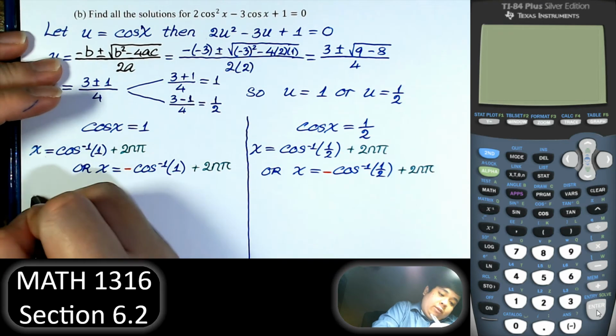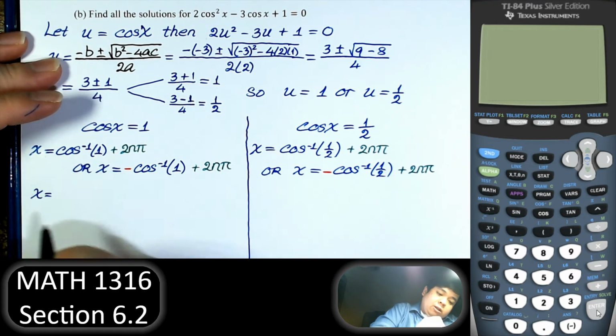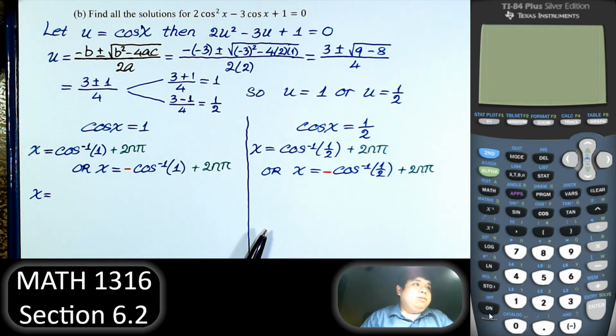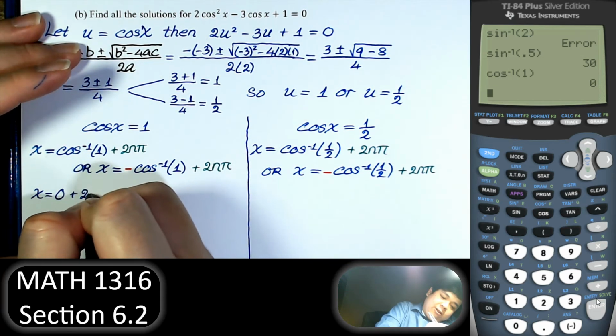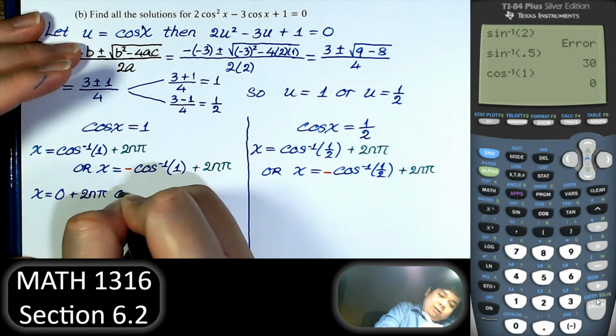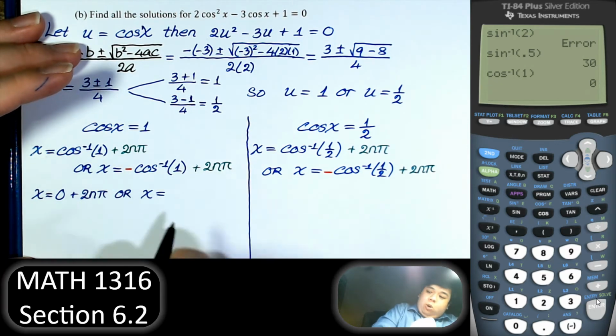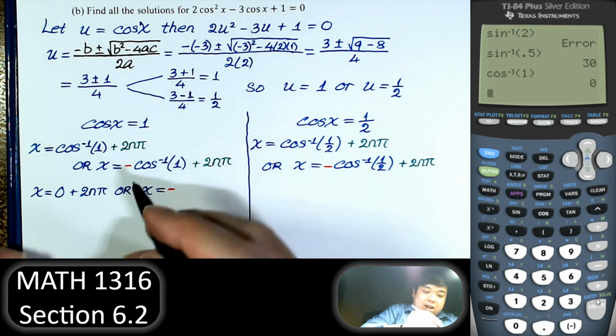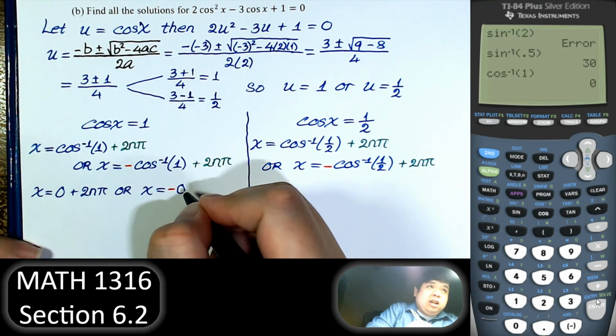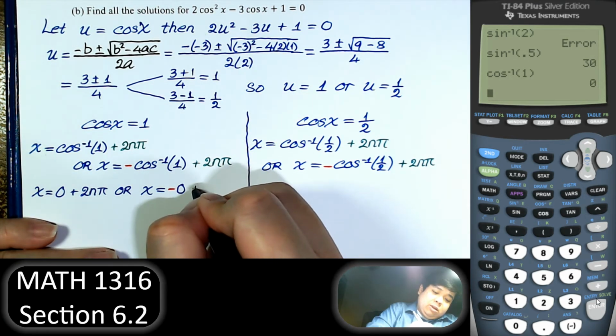Now, cosine inverse of 1. That is 0. Either that or the opposite to it. Now that looks silly, but 0 degrees or 0 radians are the same thing.